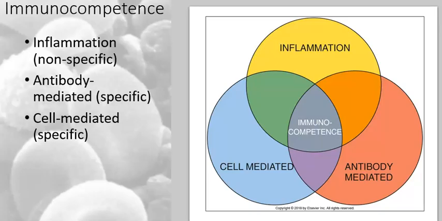For immune competence, you have inflammation, antibody mediated, and cell mediated. Those are the three processes needed for immunity.